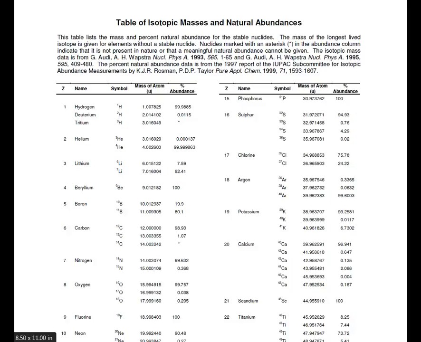But if we were to look at an element like calcium, calcium has, well, let's say about 6 isotopes here that are listed that have percentages that can be measured. Almost all of it is calcium 40. The next closest abundance would be calcium 44 at about 2%, and then it sort of tapers off from there. So this is a useful table that chemists can use if we want to know the breakdown of the different forms of an element.